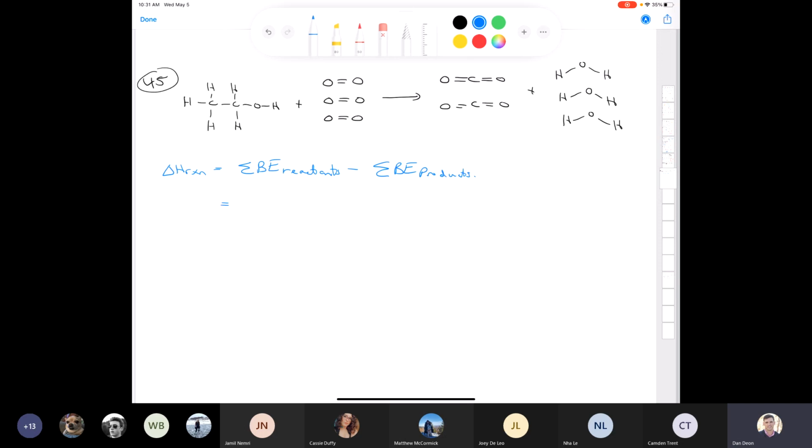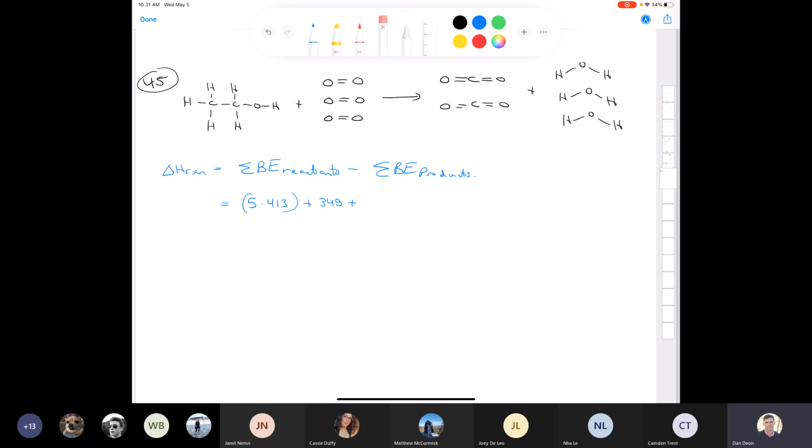So how do you tally all this up? Let's start with the carbon-hydrogen bonds. I have 1, 2, 3, 4, 5 carbon-hydrogen bonds in my ethanol. Each one has a value of 413 kilojoules per mole, so I'll put 5 times 413. Done. Then, what else do I have? I have a carbon-carbon single bond, which has a value of 348 kilojoules per mole.